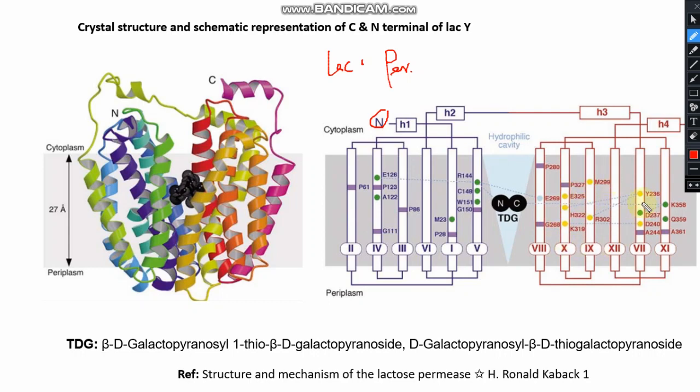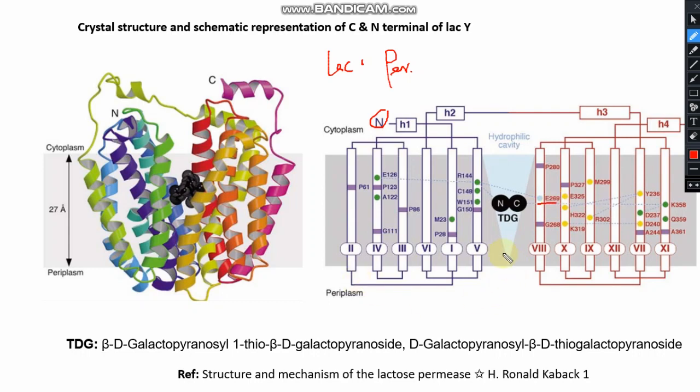All these amino acid residues are located in the C-terminal part. Additionally, there are other amino acid residues responsible for both jobs, substrate binding as well as proton translocation.